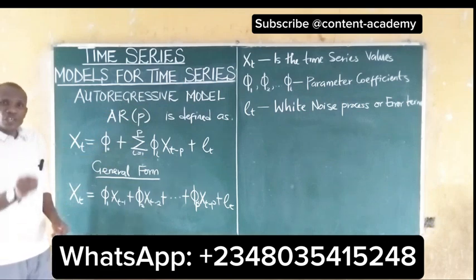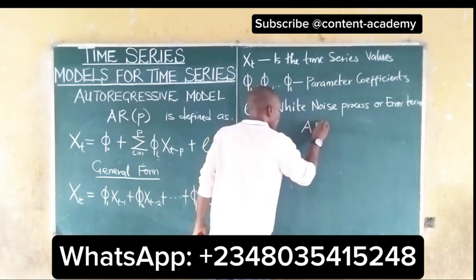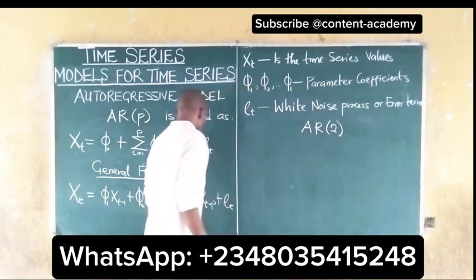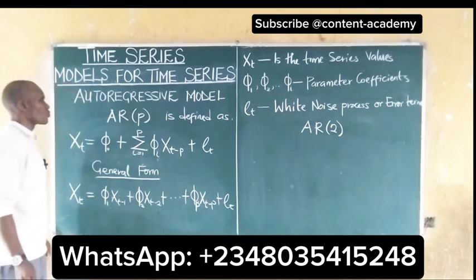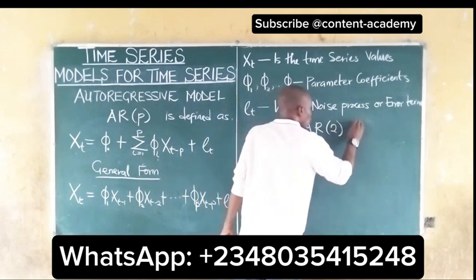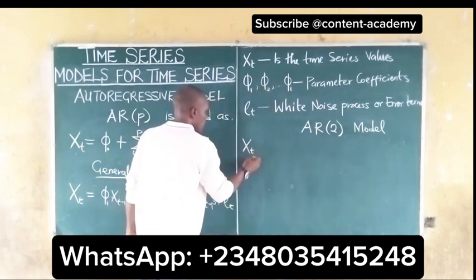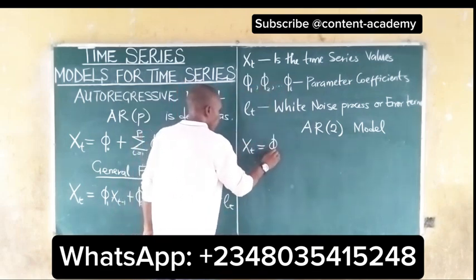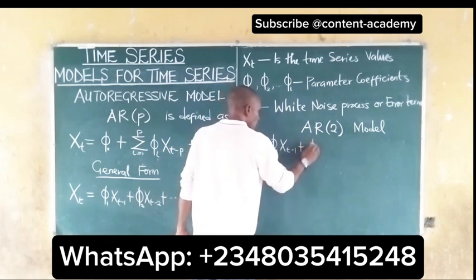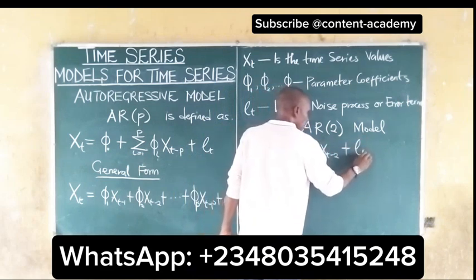Now, to take just a little example. For example, if you have an autoregressive model of order 2, this is the model. We can write it as xt equals phi 1 x t minus 1 plus phi 2 x t minus 2 plus et.